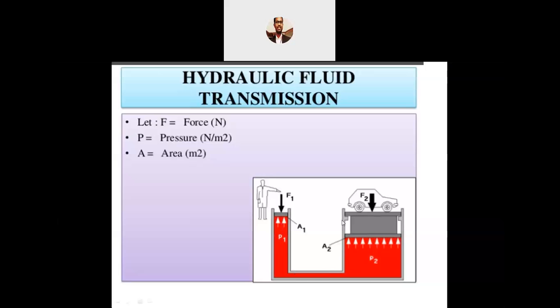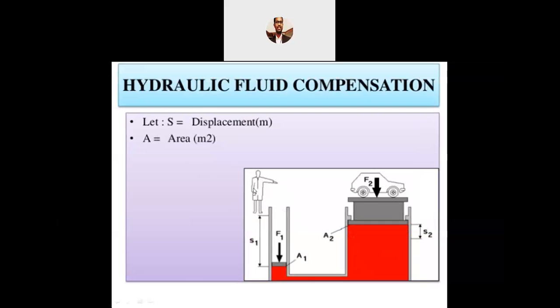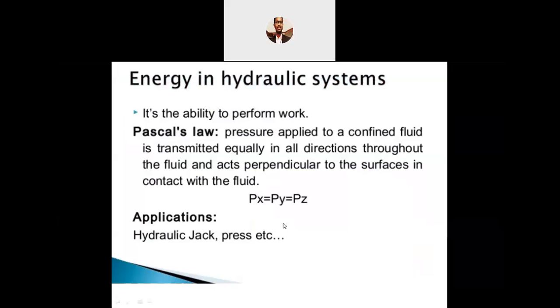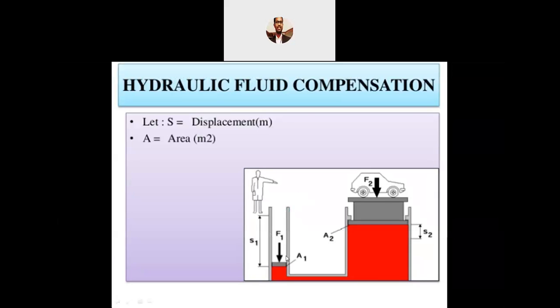I will come back to this once again and explain. The second position: this A to B, whatever it is called, is a displacement. Now you can see here, I have moved more to lift so much. Can you please tell me whether the S1 displacement is more or the S2 displacement is more?